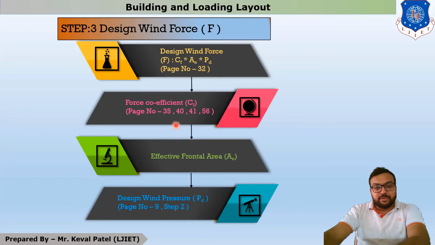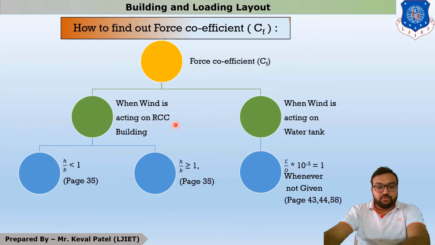Now let us start how to find out the force coefficient. As discussed, there are two types of examples. When the wind load is acting on any RCC building, then we have to refer to page number 35.